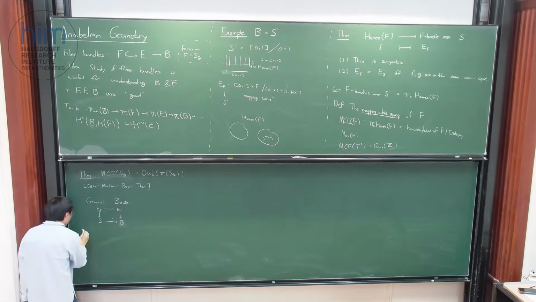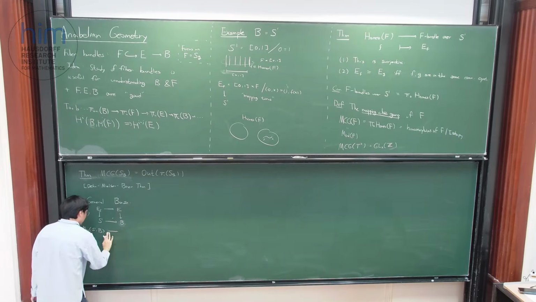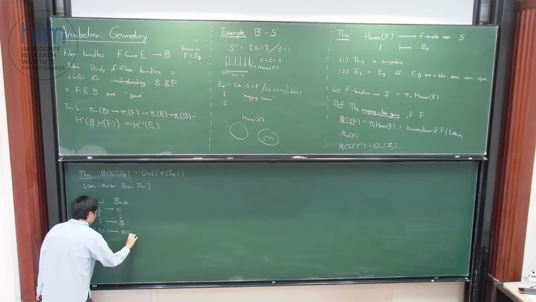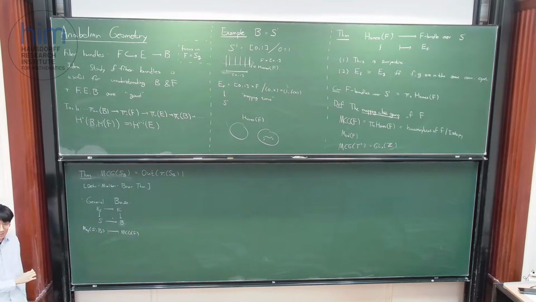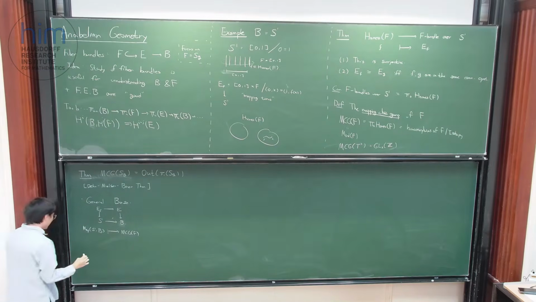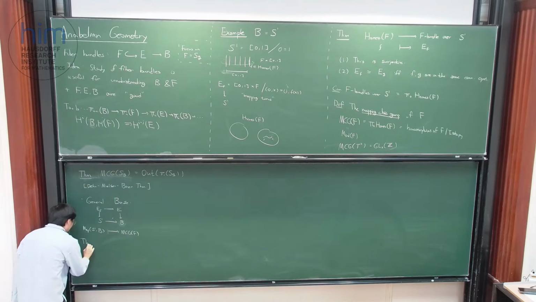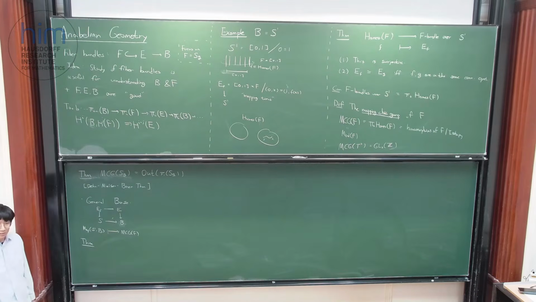So if you have a map from S^1 to B, then we can associate to it an element of the mapping class group of F. And it is not extremely hard to prove that this map is invariant under homotopy.